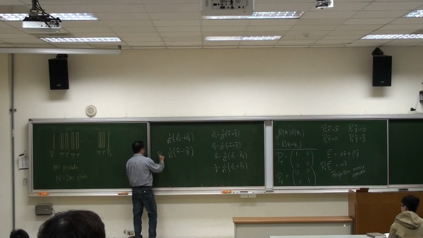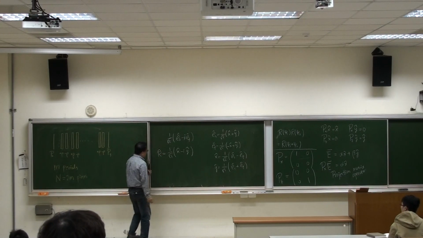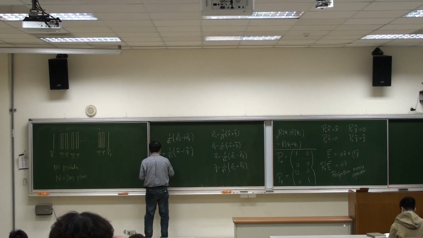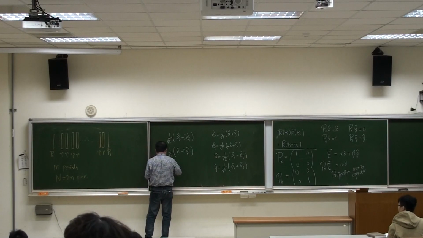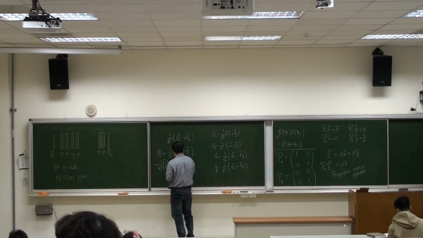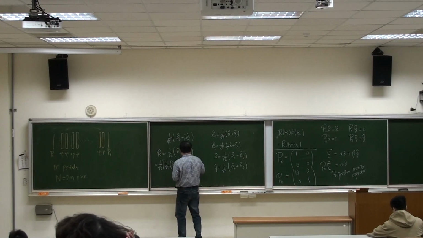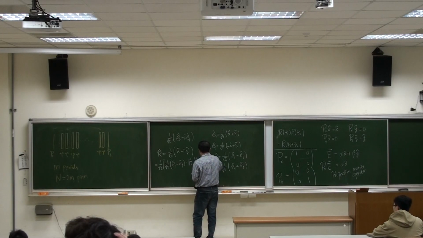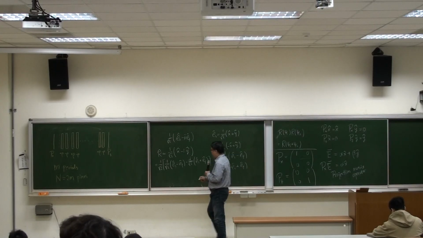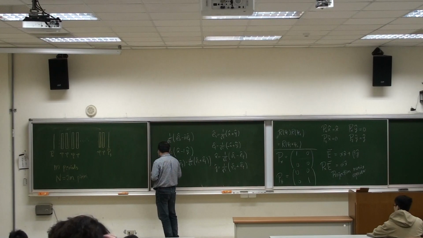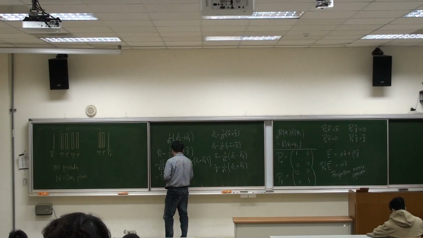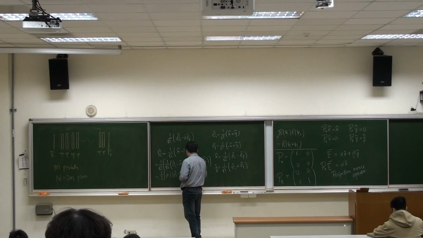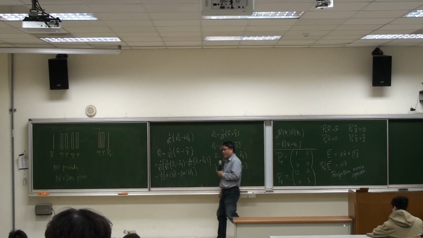So originally, the right-hand circular polarization, we can write it as this, and this becomes this one.